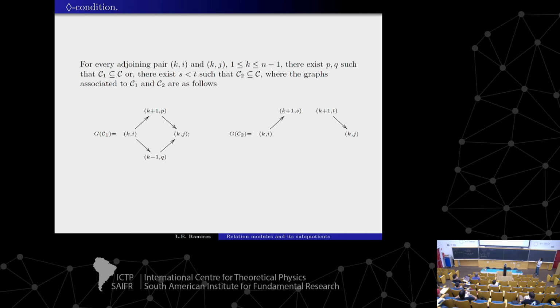This is what we call an adjoining pair. Okay, so what we have to check is that any adjoining pair should be connected in this way, or should be connected by the top row at some point in this way.